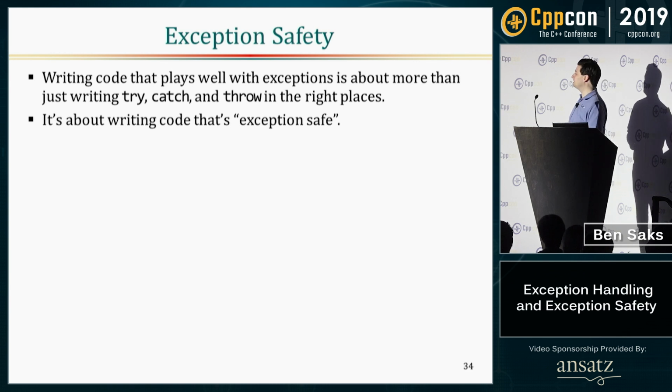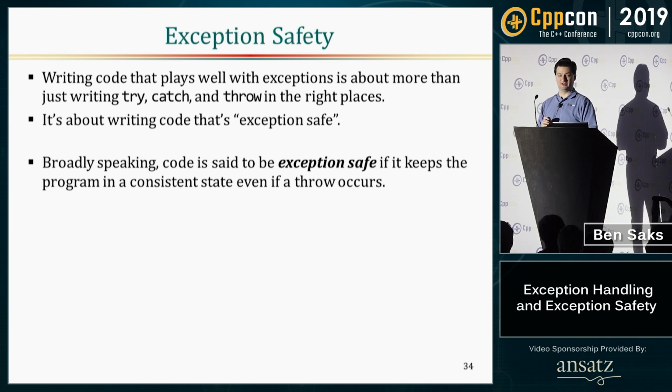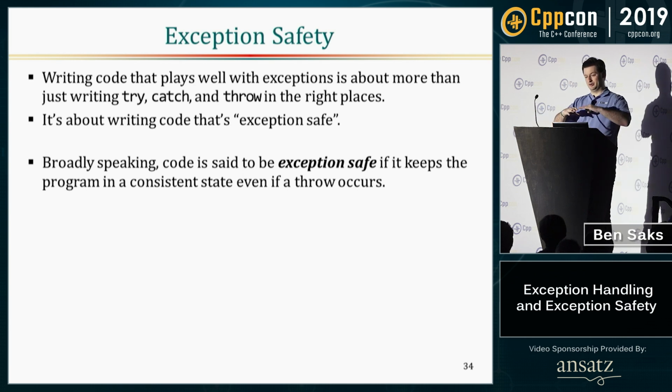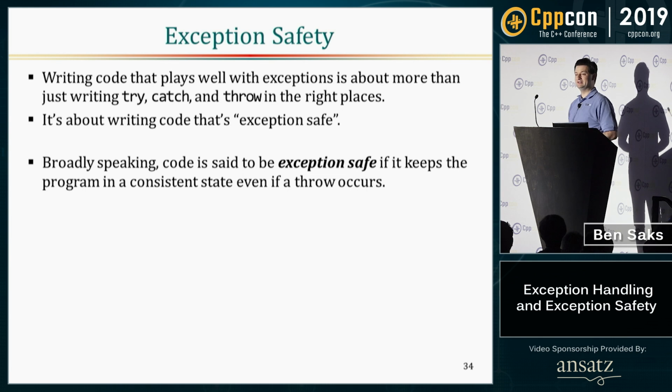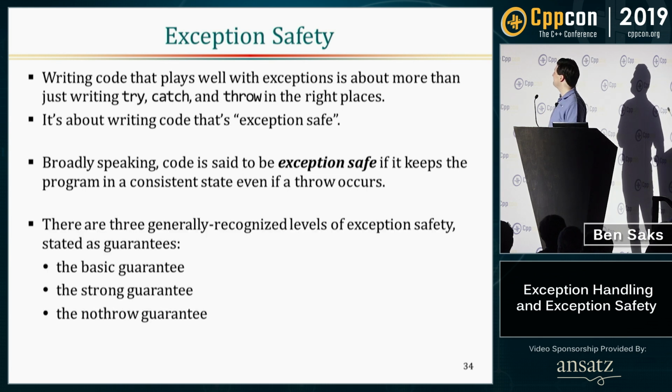This is what we call writing code that's exception safe. Actually, what I just described is a slightly different thing. Code that doesn't look at exceptions at all is exception neutral. And code can be both exception neutral if it doesn't notice exceptions, and exception safe if it responds correctly even if exceptions are thrown without having to check.